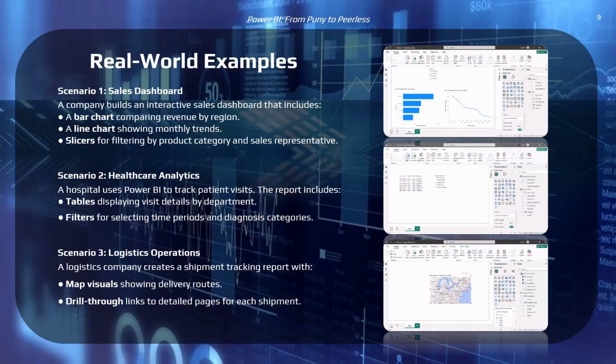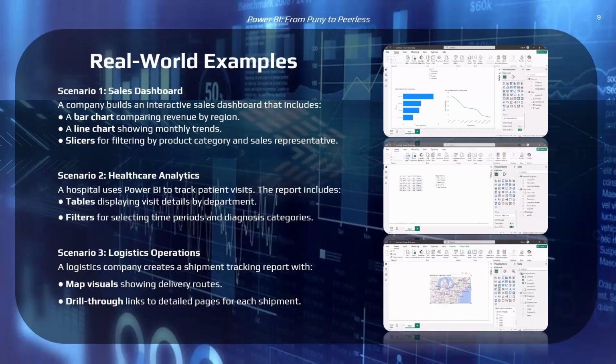Real-world examples. Scenario 1: sales dashboard. A company builds an interactive sales dashboard that includes a bar chart comparing revenue by region, a line chart showing monthly trends, and slicers for filtering by product category and sales representative. Scenario 2: healthcare analytics. A hospital uses Power BI to track patient visits.